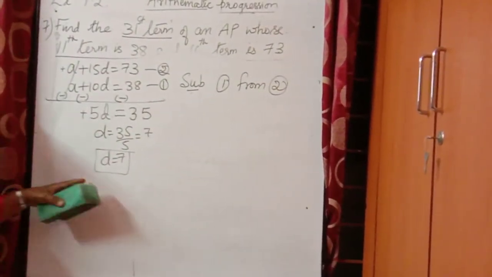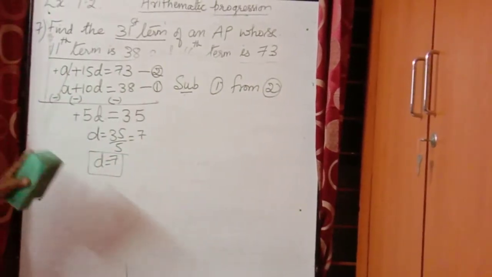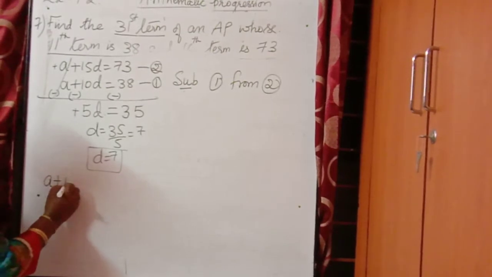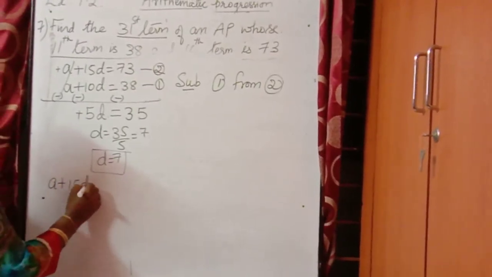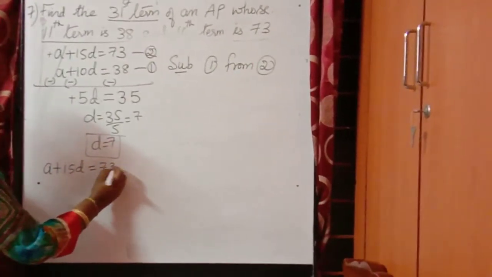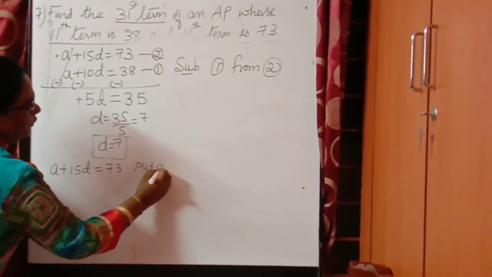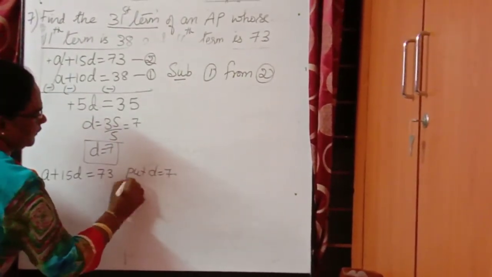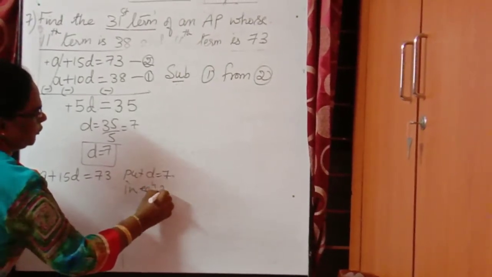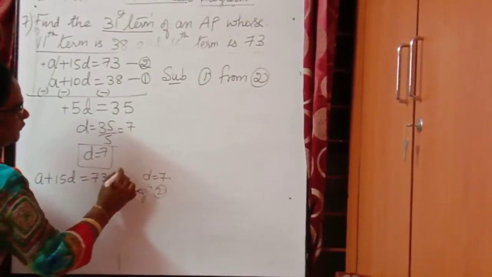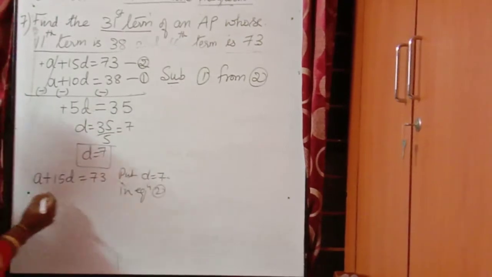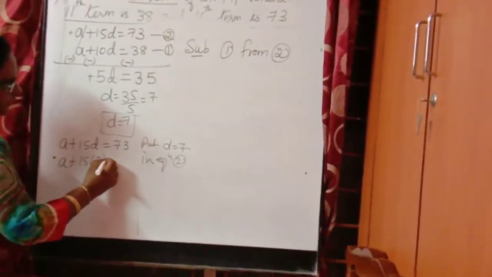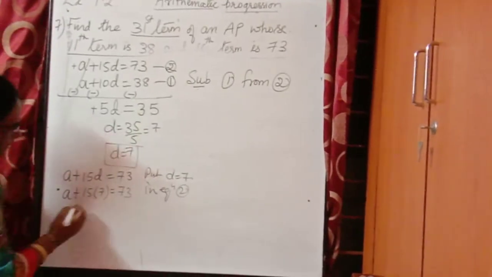Substitute the value of d in any one of the equations, you will get the value of a. So I will take equation 2, a plus 15d is equal to 73. Any equation you can take, either 1 or 2. Put d is equal to 7.